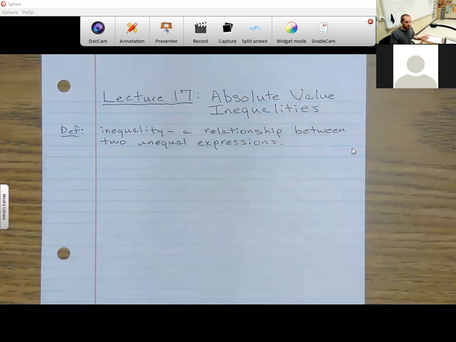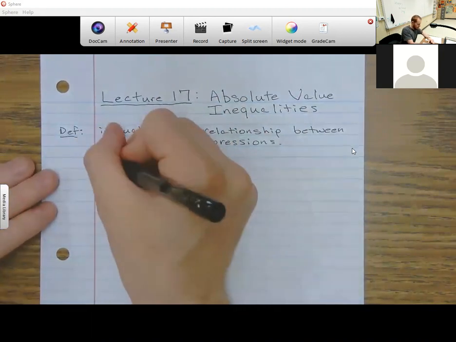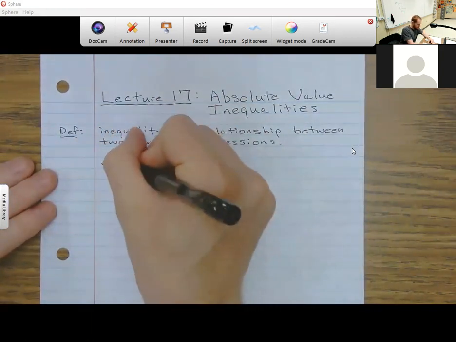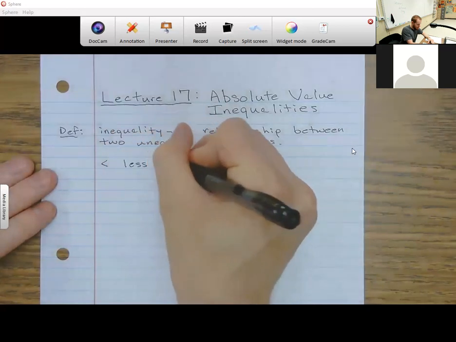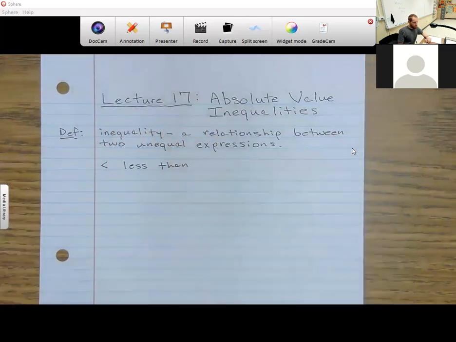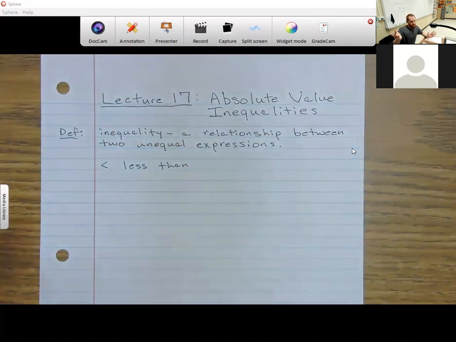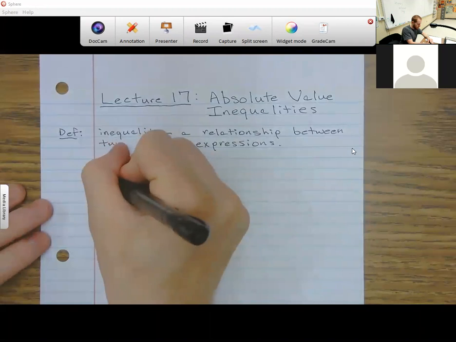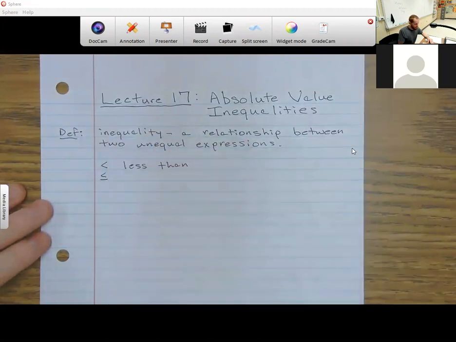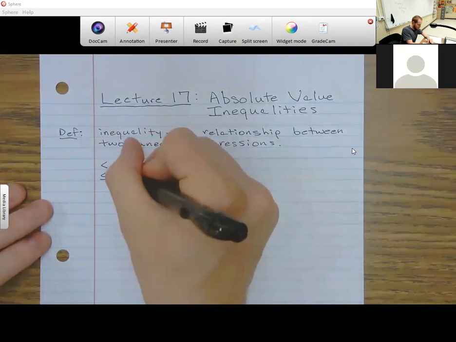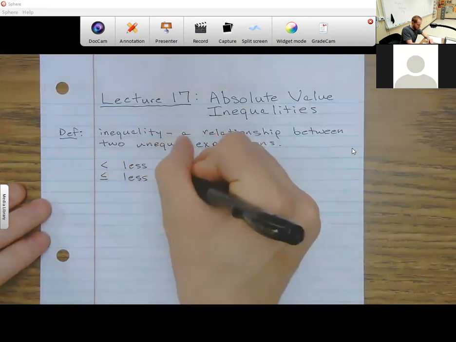So when I mean inequalities, I mean things like greater than, less than, greater than or equal to, less than or equal to. So let's talk about the symbols really quick. So there is the less than. Notice how it's pointing to the left, right? Anyways, left is less than, and we have less than or equal to, which is basically a less than sign, but with a little line drawn underneath it. So this is less than or equal to.